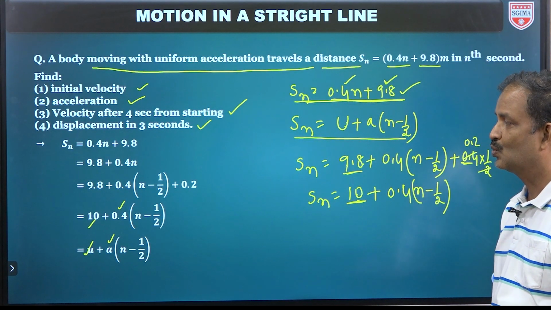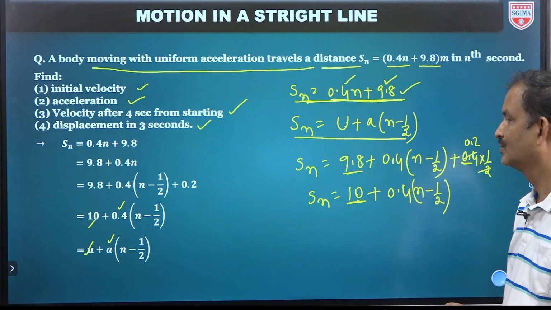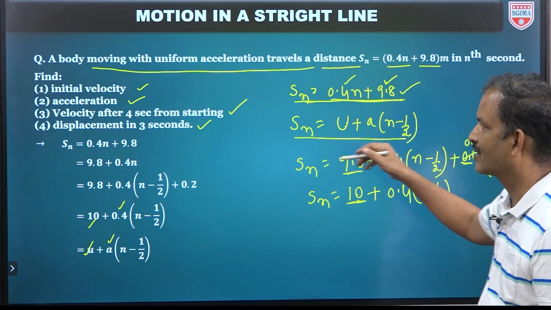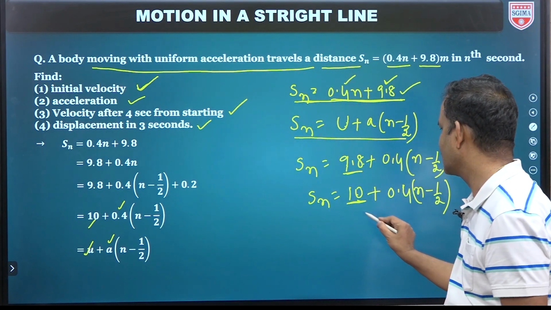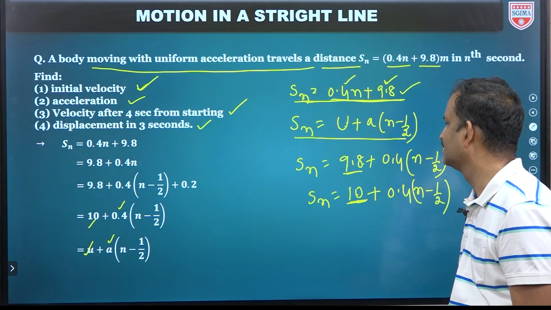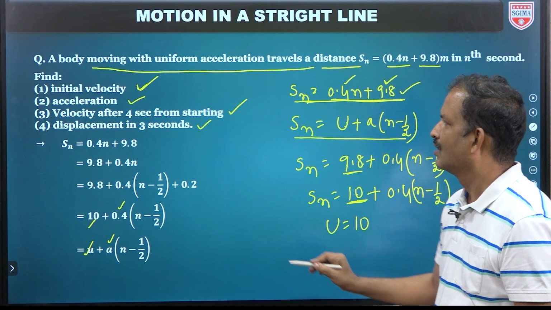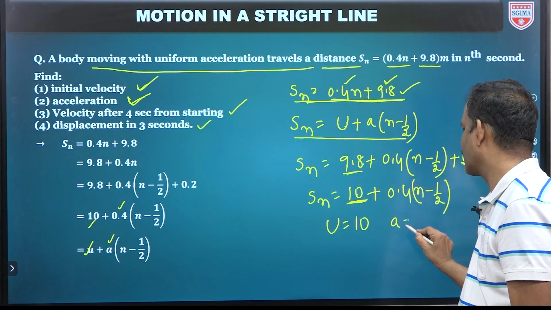So, we know these two, and you can calculate anything. Then, what are they asking? Initial velocity. We already calculated it: the initial velocity u is 10. What is the acceleration? Already calculated, the acceleration is 0.4.